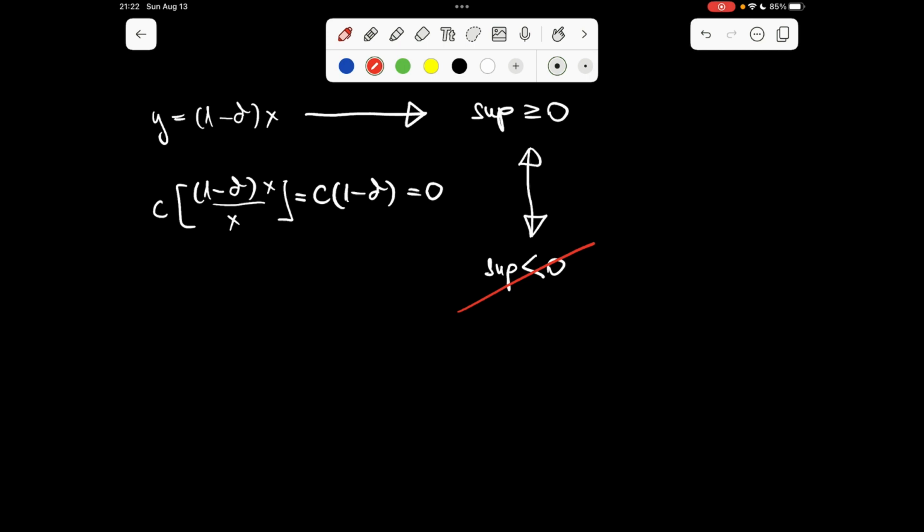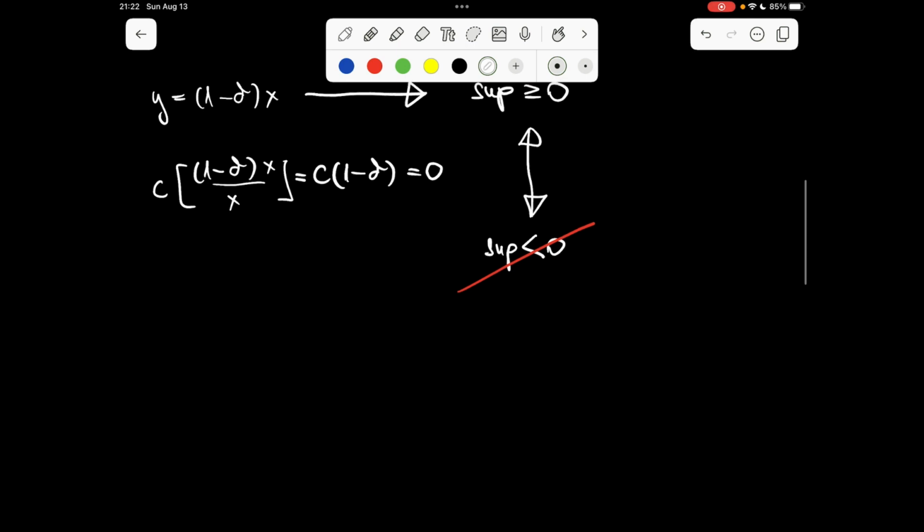So we will use a simple method. We will try to find policies which would give negative supremum, and we will use these policies to place restrictions on correspondence gamma. Okay, so this is the lower bound.